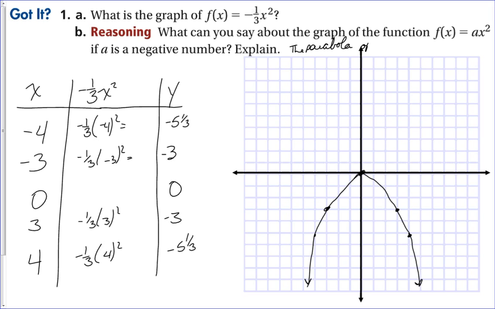So when a is a negative number, the parabola opens downward, just like right here. A was negative, so it's opening down.